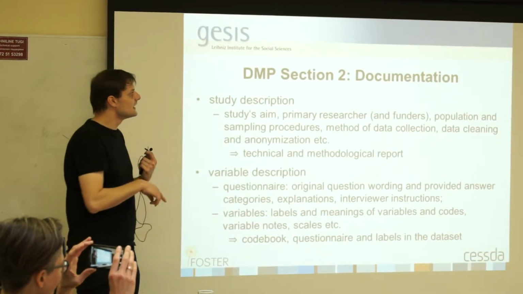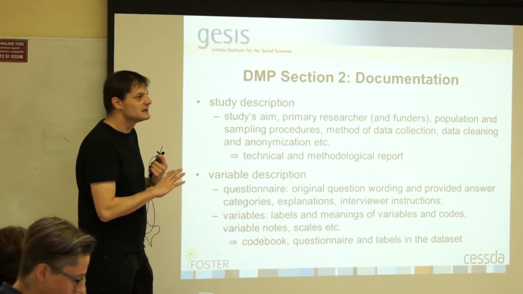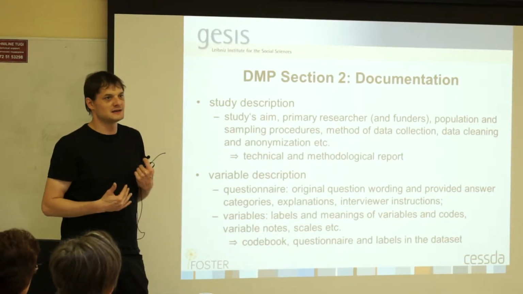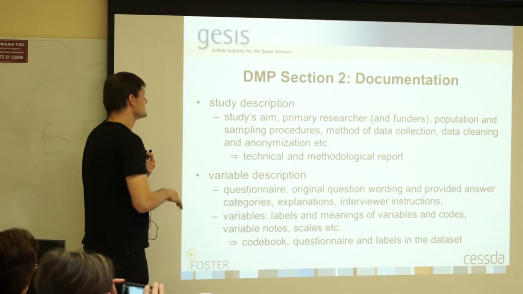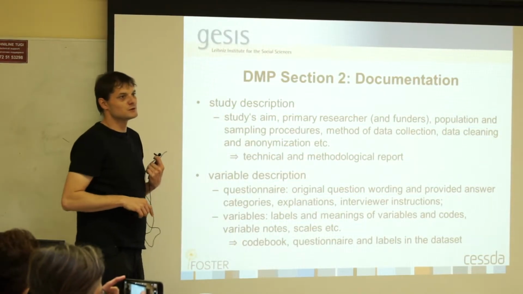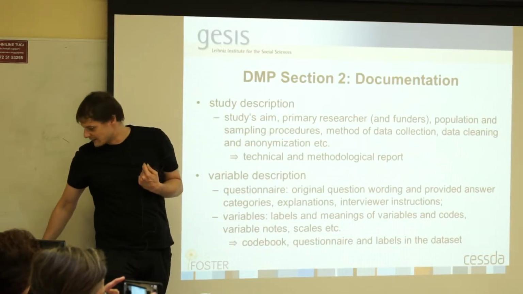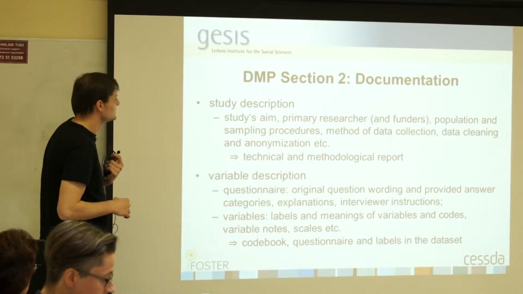What I have here is a brief wrap-up of the part of documentation, just simply to remind you what you should think about when you're going to document your study or your data set for reuse. So once again, distinguish between these 2 levels and think about on the study level all the information that is needed to ensure that your data are understandable for someone who would like to reuse your data.